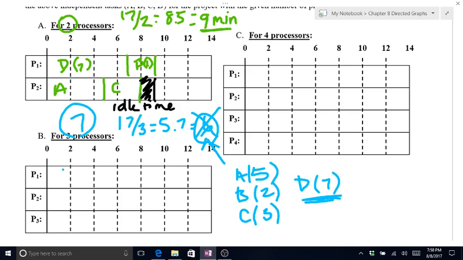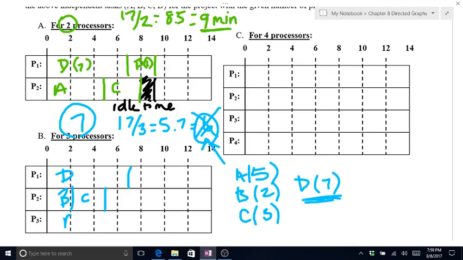So one of these processors can work on D, which takes a whole whopping 7 minutes. Okay, I don't want anybody to be lazy, so I'm going to group B, which takes 2 minutes, and C, which takes 3 minutes together.